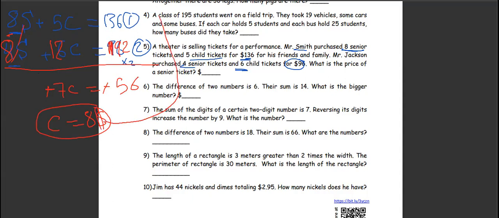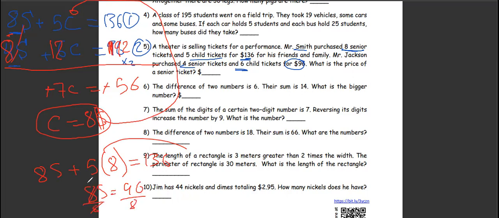Substitute back into either equation. So 8s plus 5 times the price of a child ticket is 136. Move this to the other side, so 136 minus 5 times 8 is 96. So 8s equals 96.